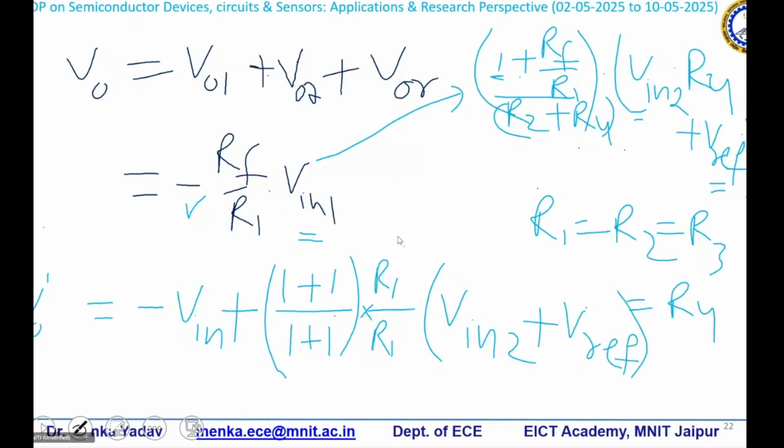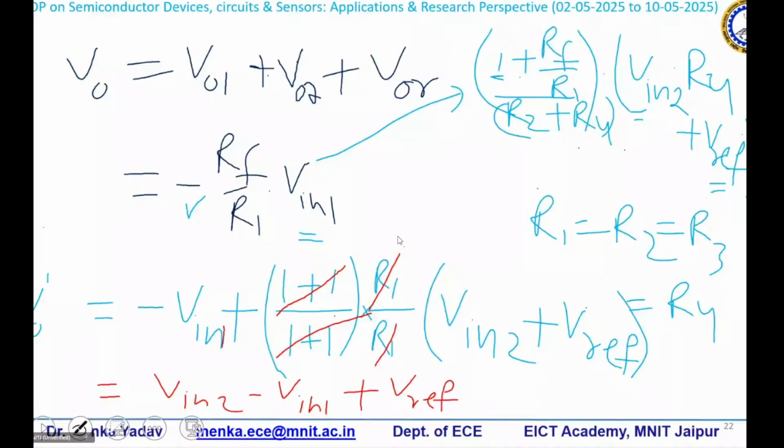And if you want to simplify it, this particular thing is getting cancelled, this 2 is getting cancelled away, and you are having the final expression as Vin 2 minus Vin 1 plus V reference.